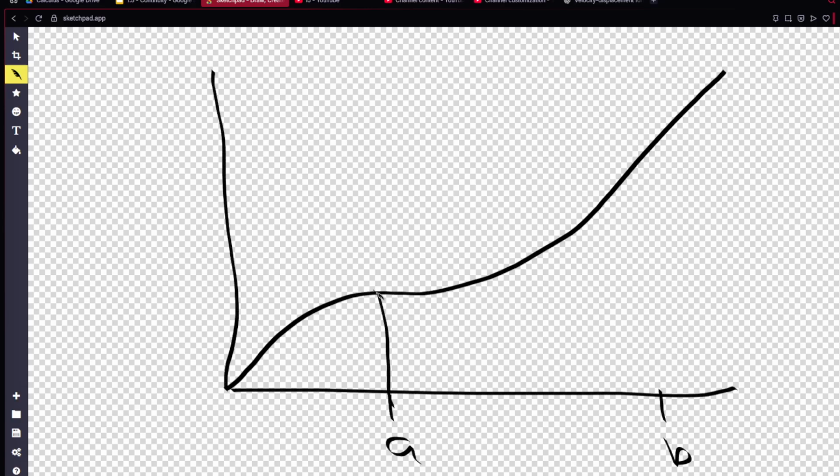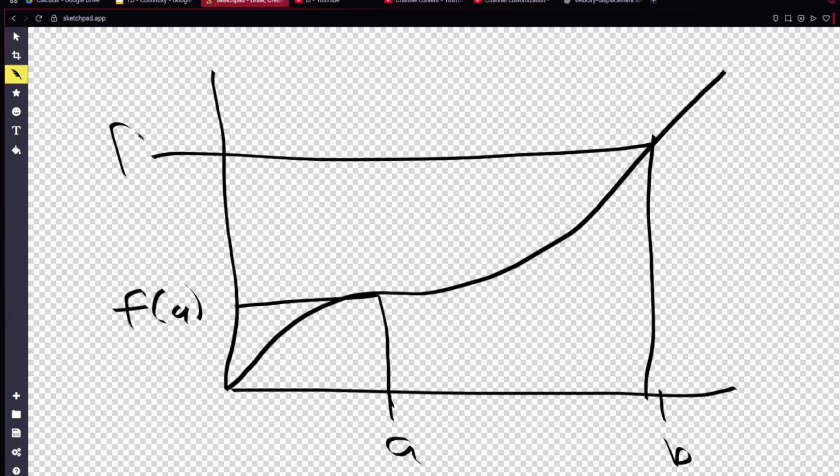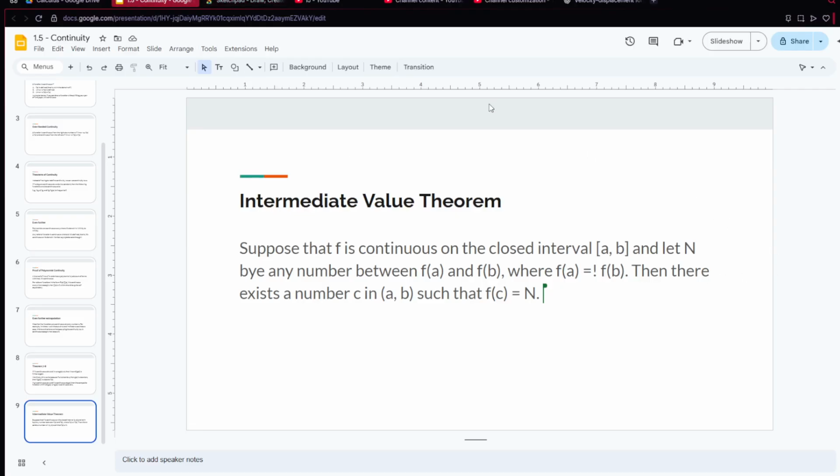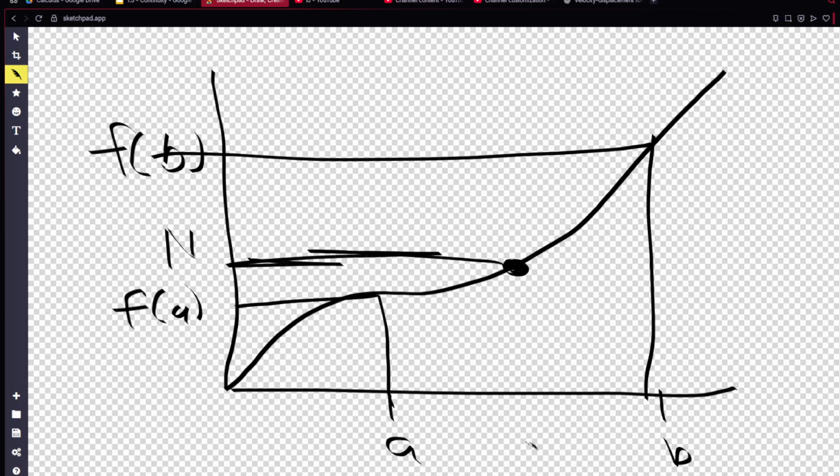So this would be f of a, and this would be f of b. Then there exists a number c, where n equals f of c.